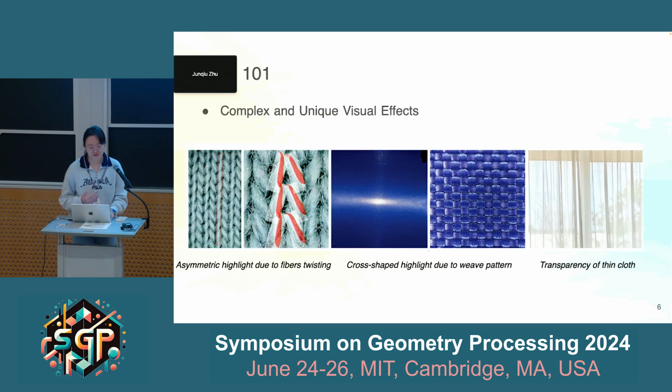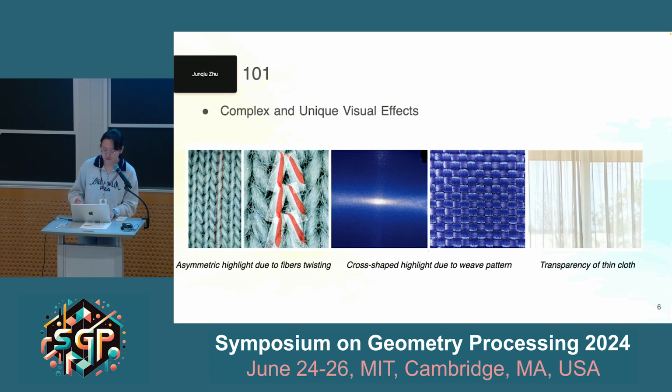Another very important feature of cloth is that it has a diverse and unique appearance. For example, for knitted fabric, we can see vertical highlights forming a connected line accompanied by another column of discrete diagonal highlights. We call these schematic highlights.